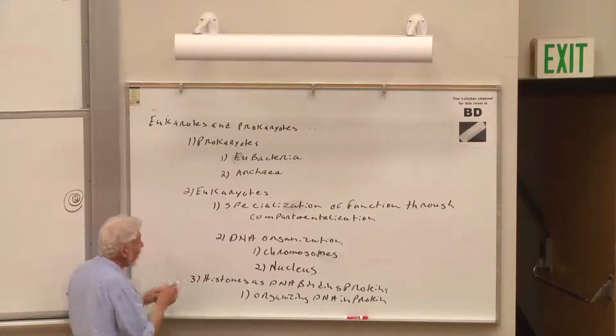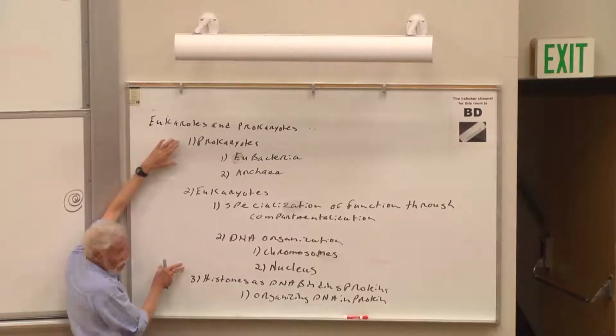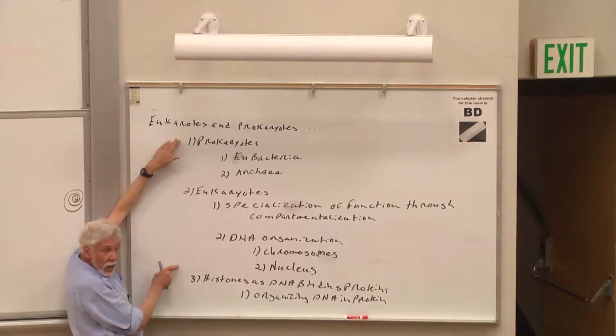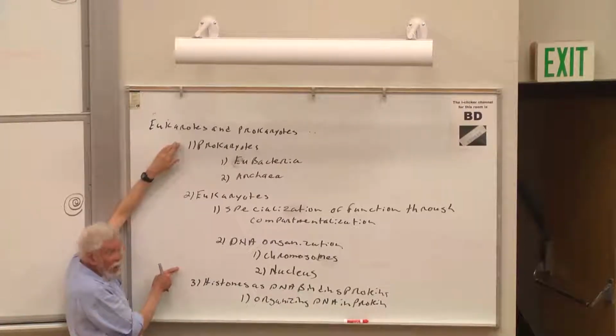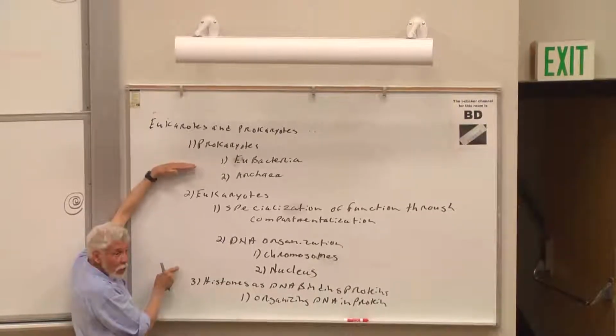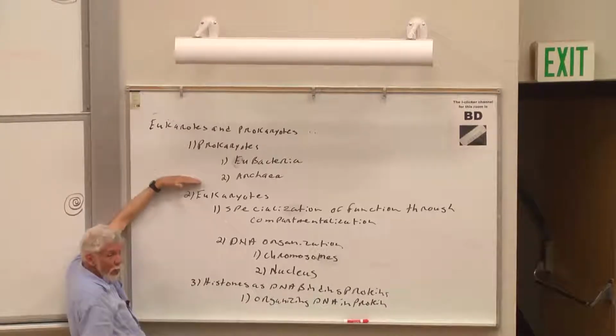But having said that, one of the major ideas we're going to find among these two is that at least biology as we know it today, it may not always have been this way, but all of biology as we know it today obeys certain rules that we call the central dogma. And that is, we have an instruction set in the DNA. We then take that instruction set in the DNA, transcribe it into RNA.